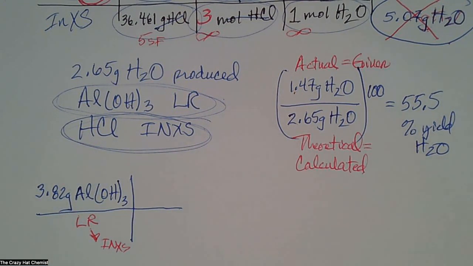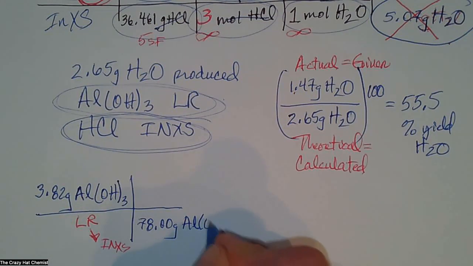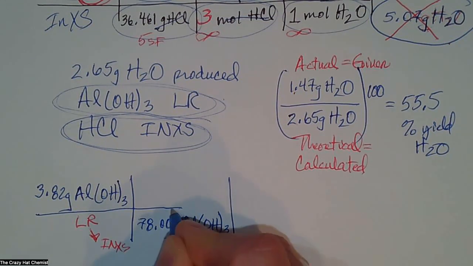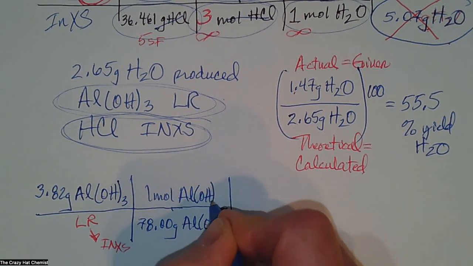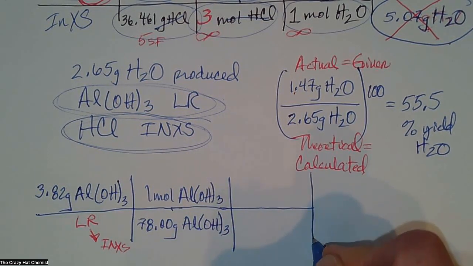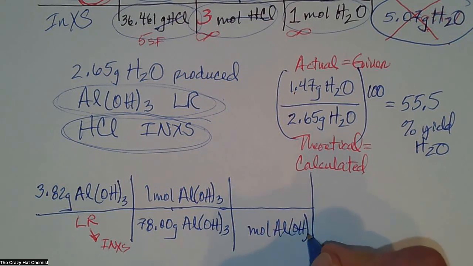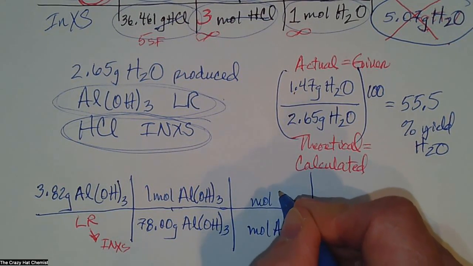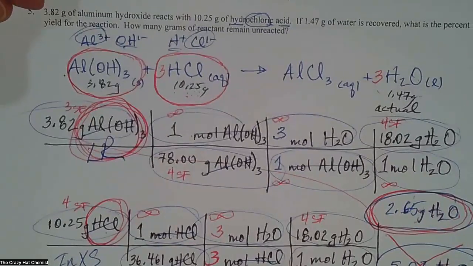Okay, so I have all the numbers from the previous stoichiometric steps included in here already, so I just need to write them down. This is 78.00 grams of aluminum hydroxide. That's equal to 1 mole of aluminum hydroxide. I'm going to go from moles of aluminum hydroxide to moles of HCl. And so I'm looking at my stoichiometric coefficients on my balanced equation.